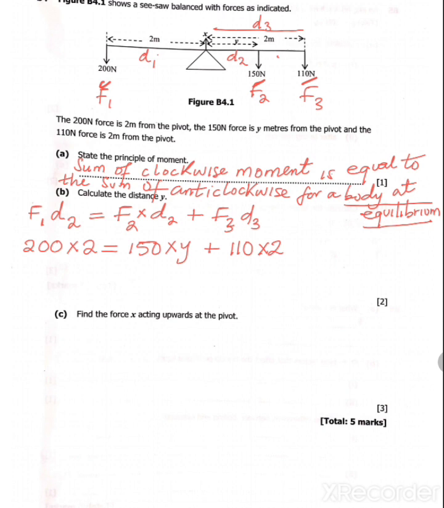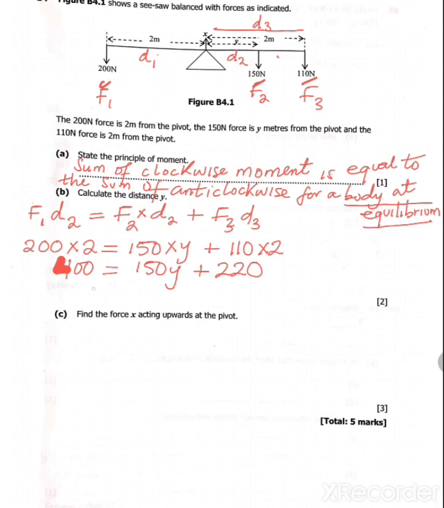So now, 200 times 2 will give us 400. This will give us 150y plus 110 times 2 to give us 220.